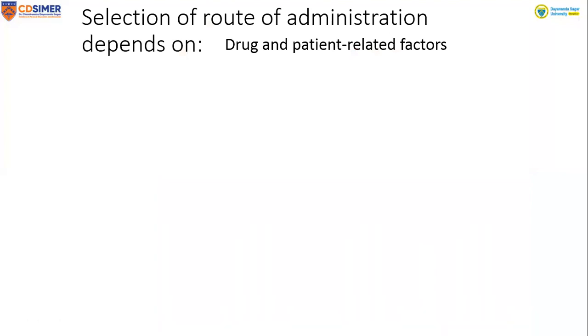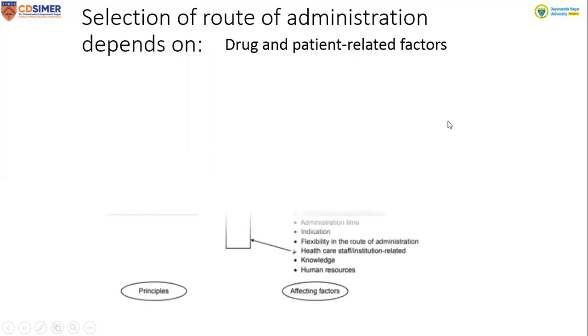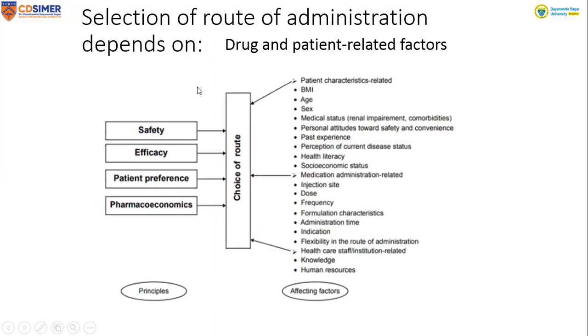How to select the route of administration? Selection of route of administration depends on the drug characteristics and also patient related characteristics. What are these factors? You can see here a lot of factors related to drug and patient are discussed here. So safety of the drug.